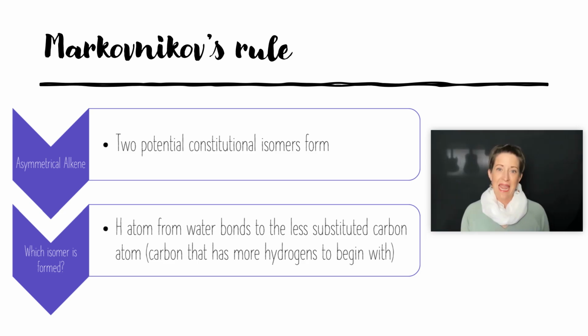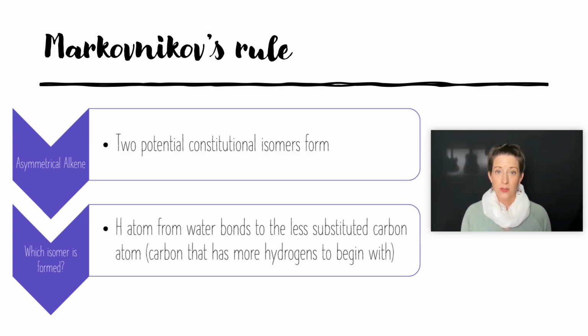It's when we have an asymmetrical alkene, so that means one carbon has more substituted positions than the other. When that occurs, we need to follow Markovnikov's rule because that will tell us where the more electronegative species is going to bond.